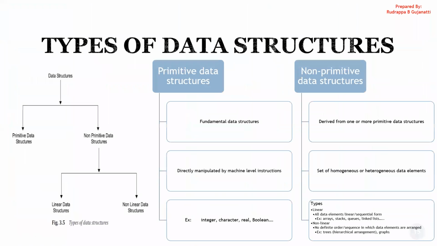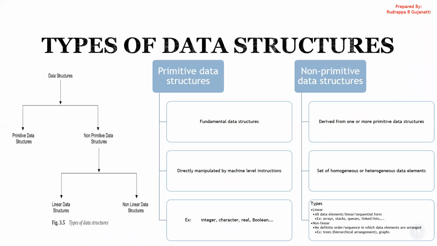And apart from that, what are the different types of data structures, that is primitive and non-primitive. So primitive is your fundamental data structures, that is integer, character, bool. Then you have floating numbers. So those all fall under the primitive data structures. The ones which are built using these primitive data structures fall under the non-primitive.